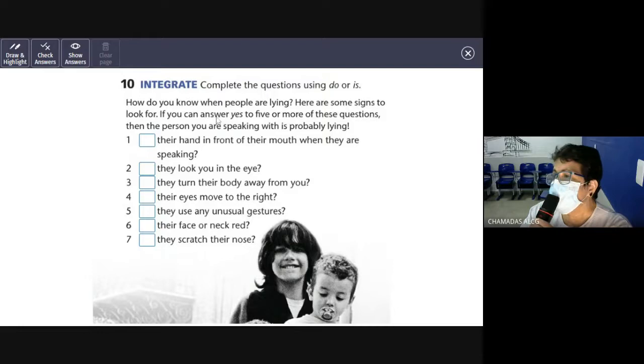If you can answer yes to 5 or more of these questions, then the person you're speaking with is probably lying. Wow, are you good at this? It's difficult. So we have to put do or is. So let's say the first one, guys, what do you think?